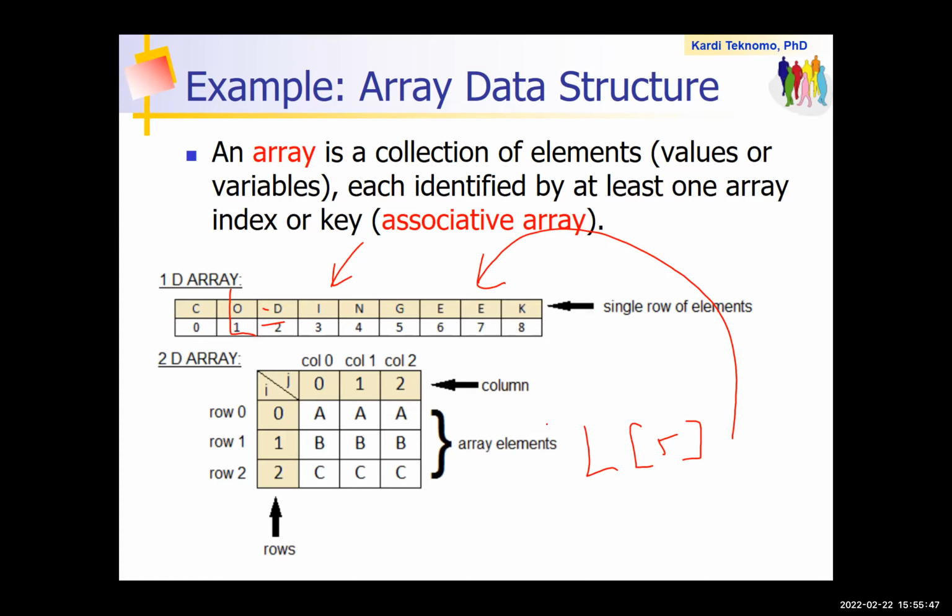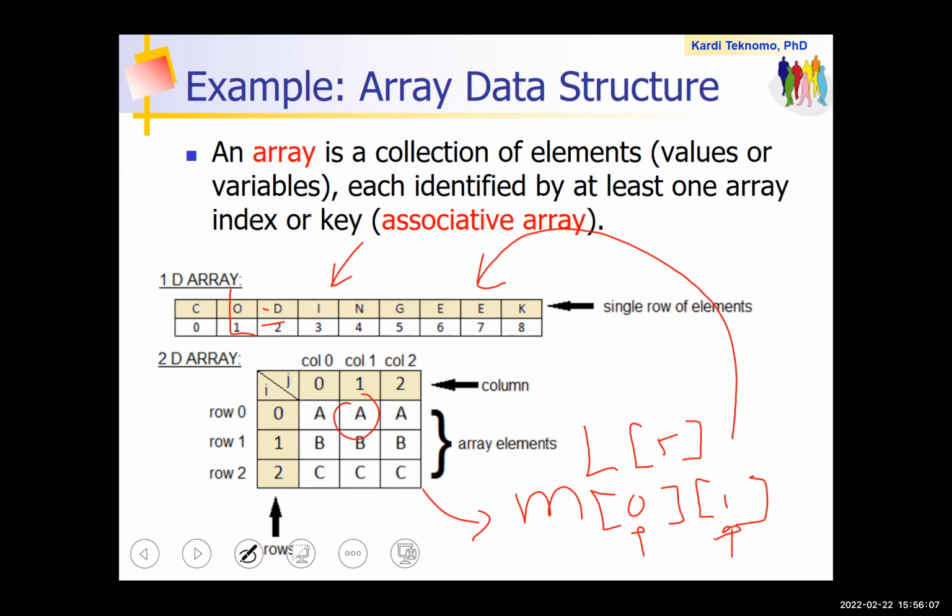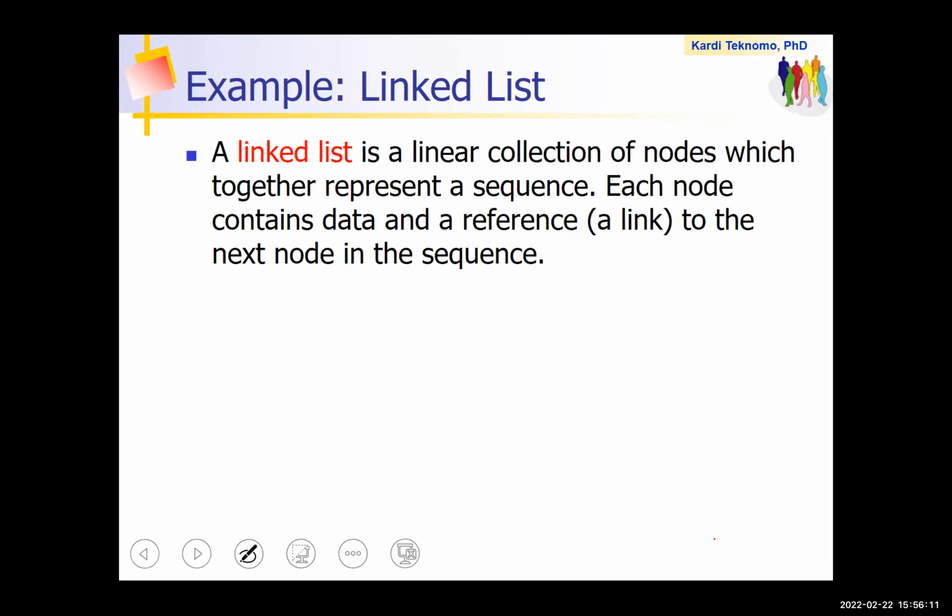In this case, for example, this is M. M01, what is the value of M01 in this case? A. That is this one. This is the row and this is the column. You see, array.